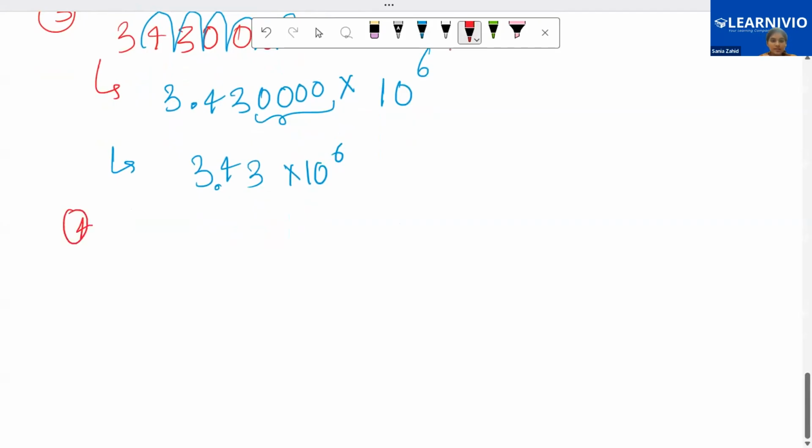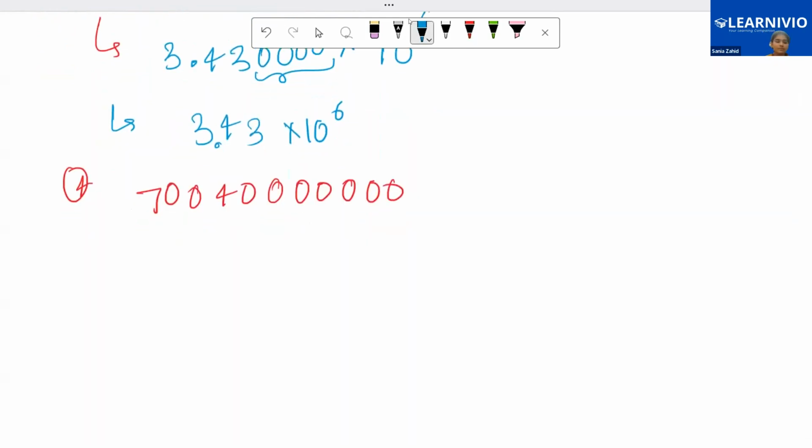Then the next question is 70,040,000,000. Okay, Manha, tell me the answer for this. First we'll put a decimal point after the 7.